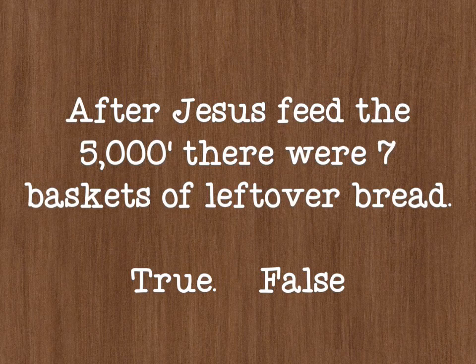Now, the question you're having now, was it 7? You got to figure out if that's true or false. Stand up if you think it's true. Stand up if you think it's false. It was 12. So this one is false.